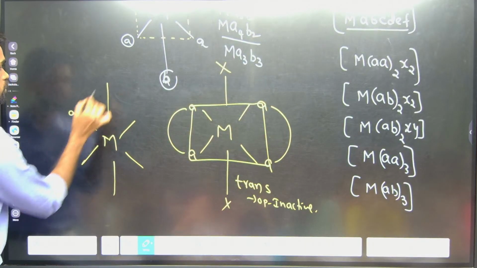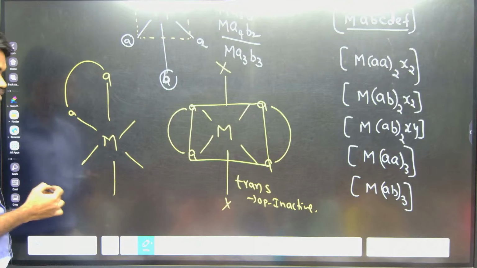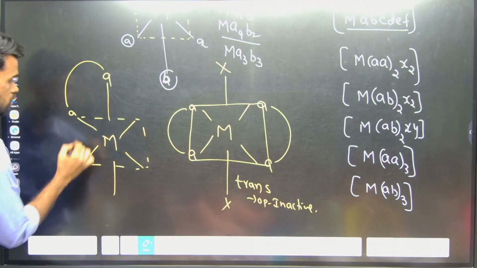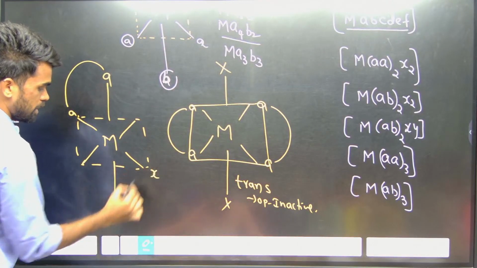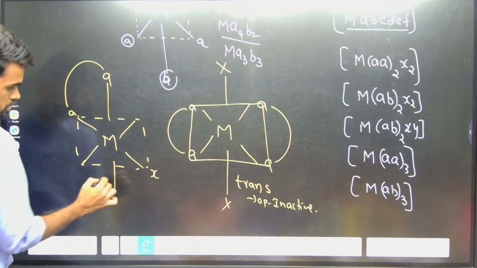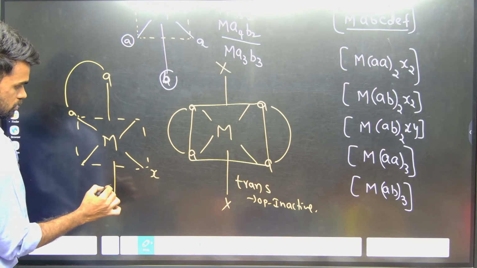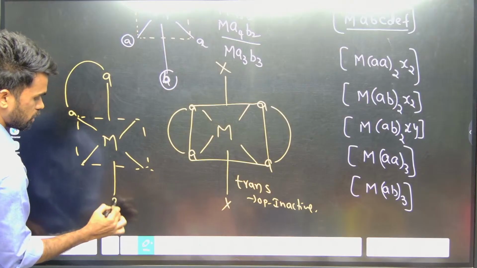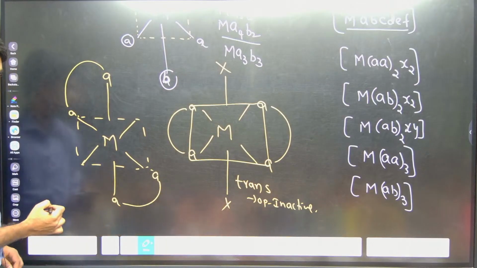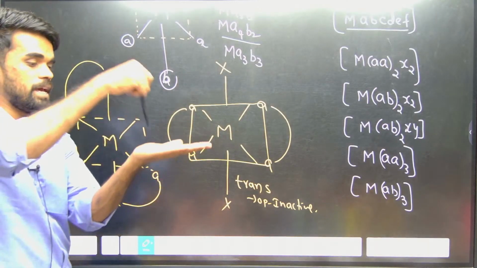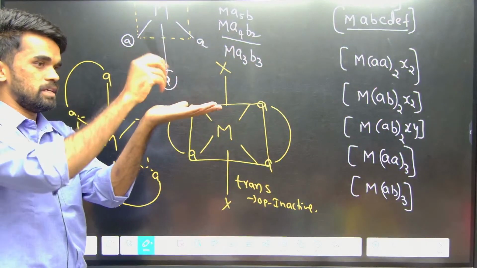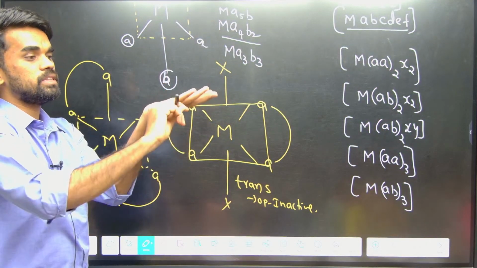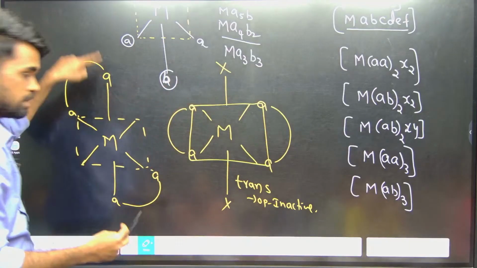Let us put one AA here like this. Here one X. Next, here you can put AA like this. You can make a ring. If there is a plane, you are making a ring with these two things, like that you are making the bidentate rings.